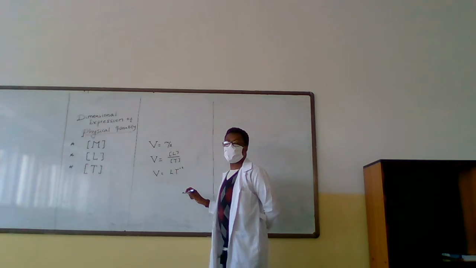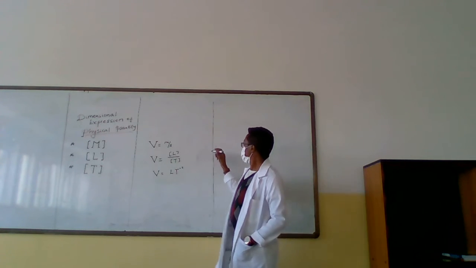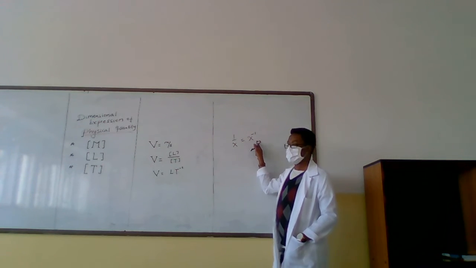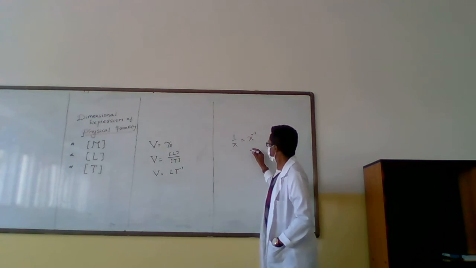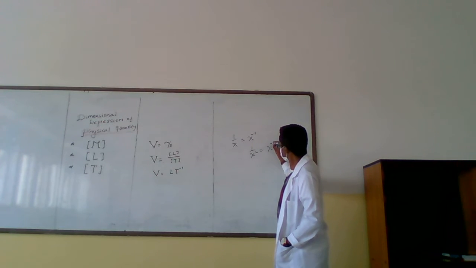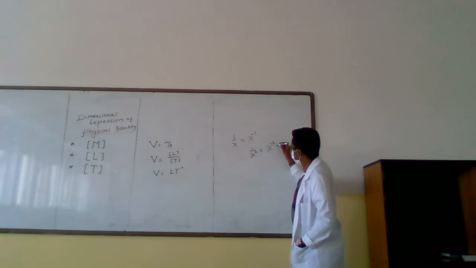Is that clear? Because T is a denominator, 1 over x, if you express it, is x to the power of negative 1, right? And 1 over x squared can be expressed as x to the power of minus 2.